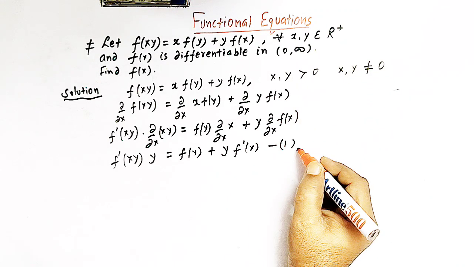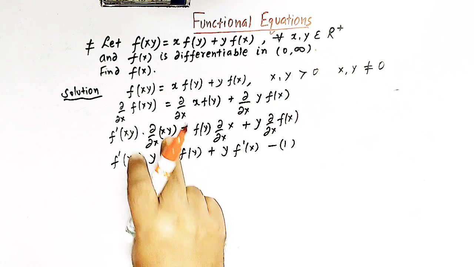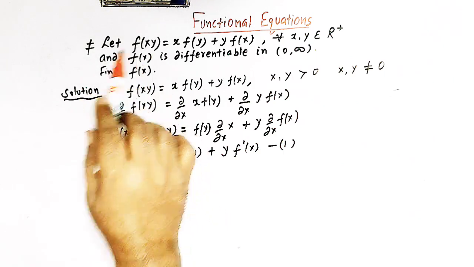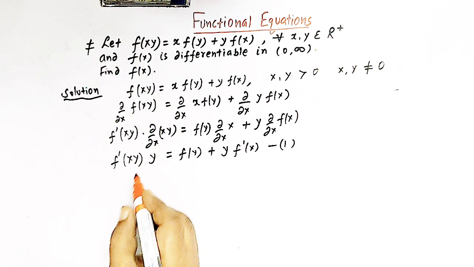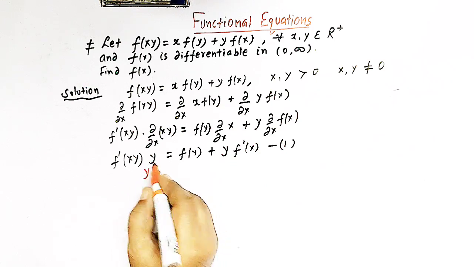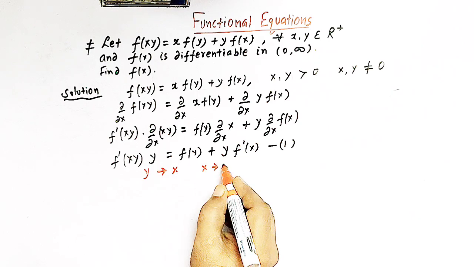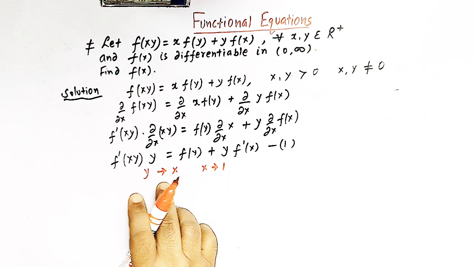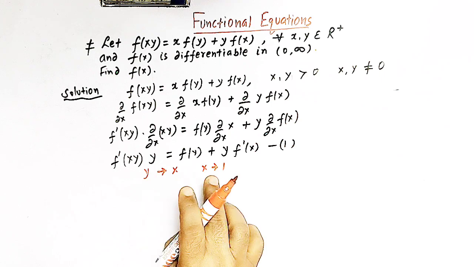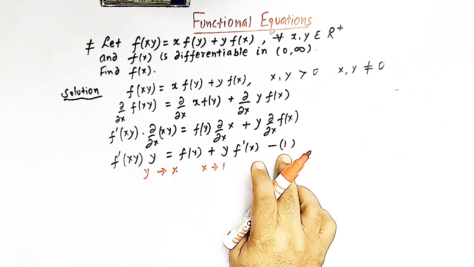Now this equation 1 is going to be very important in getting the solution of this functional equation. So here what we will do, we'll replace y by x and x by 1. So replacing y by x and x by 1, let us see the changes in equation 1.